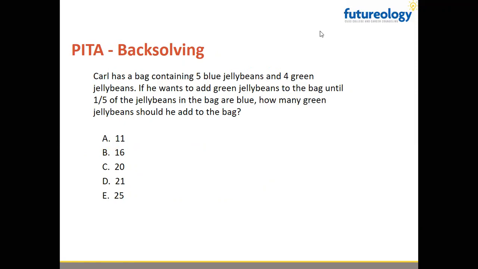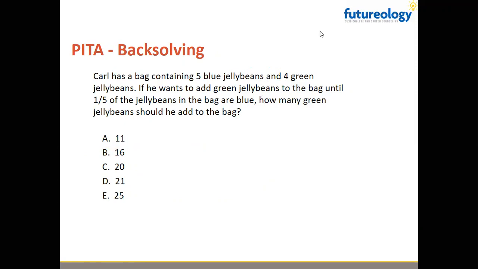We go to C. I'm labeling it also: this is how many green are added. Then based on what the problem's saying, I'm labeling this. In my test booklet, I'm just going to write across. So do work neatly in your book. It's going to make a big difference.